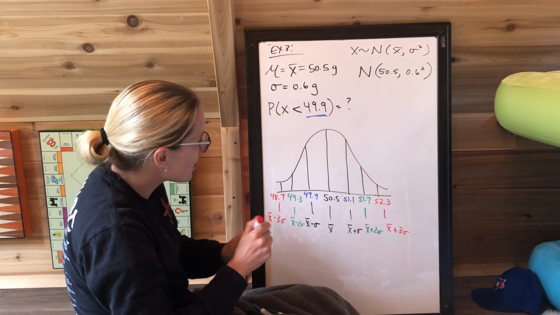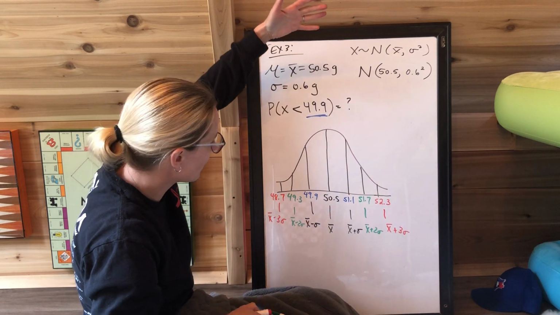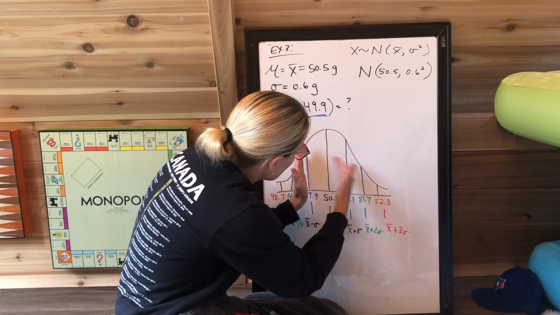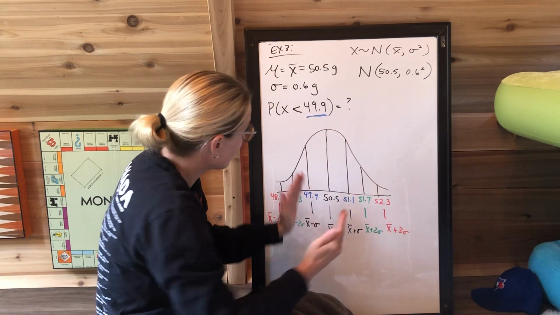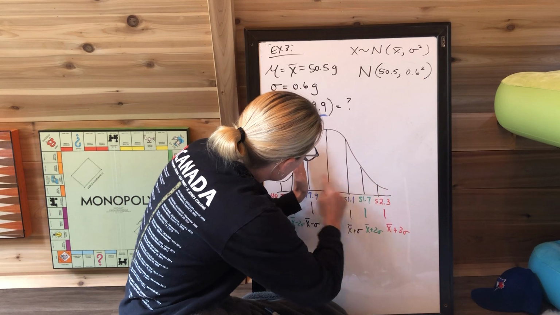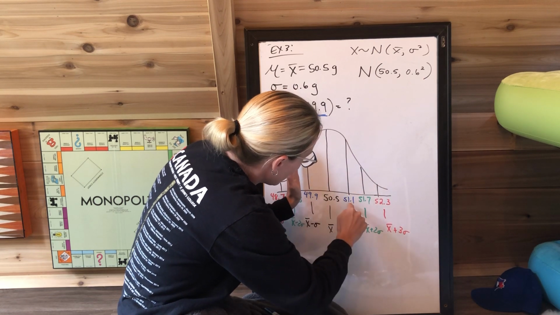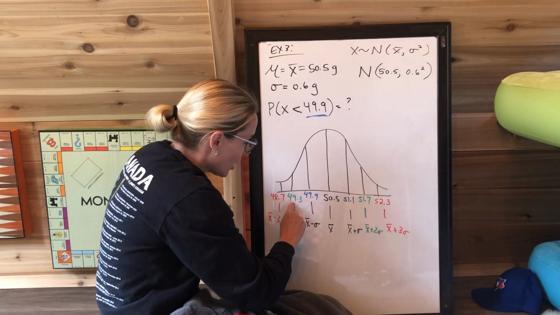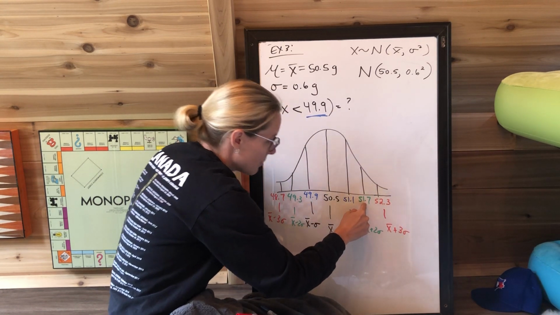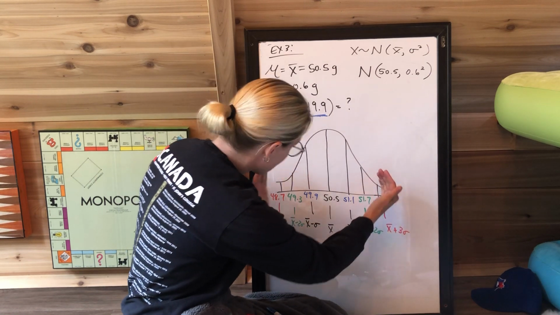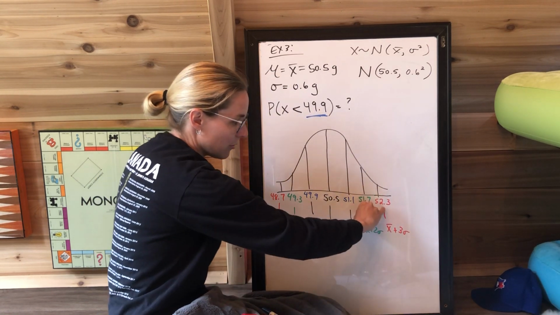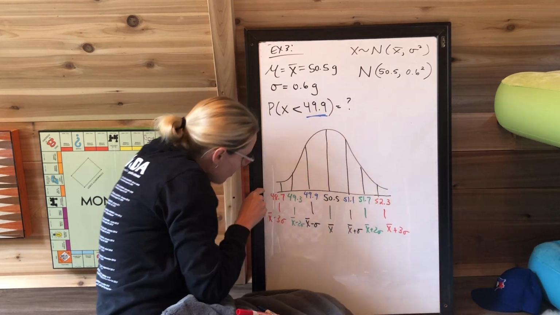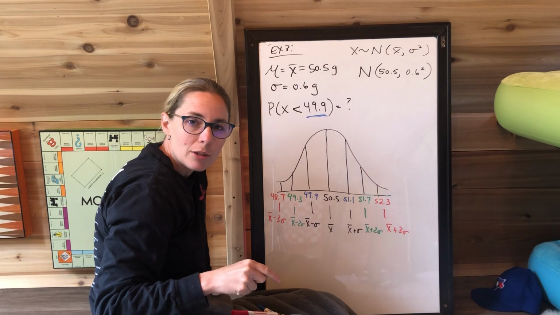So basically, remember the rules. 68% of all the cases of cosmetic powder that are made, that middle section, will be between 49.9 and 51.1 grams. 95% of them will be within 49.3 grams and 51.7 grams. 99.7% of them are between 48.7 grams and 52.3. 0.15% are above 52.3, 0.15% are below 48.7.